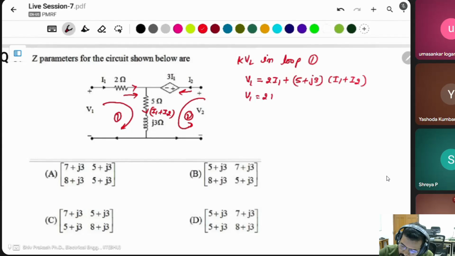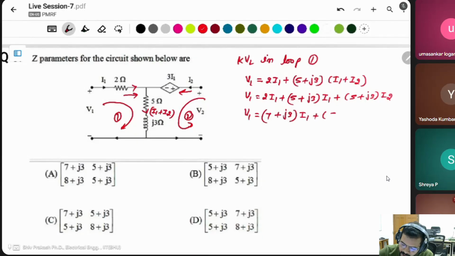So V1 is equal to 2 I1 plus (5 plus j3) I1 plus (5 plus j3) I2. 2 I1 plus 5 I1, the real part will be 7, so (7 plus j3) I1 plus (5 plus j3) I2. This is equation number one.